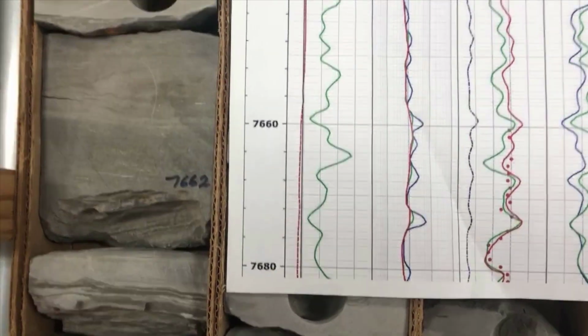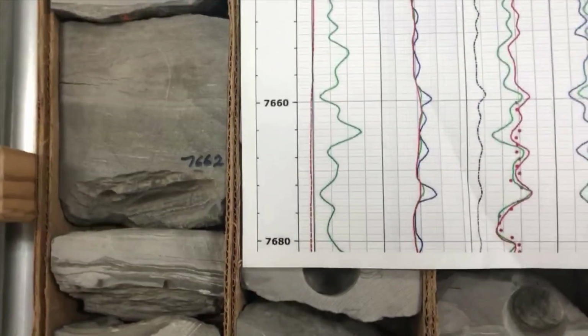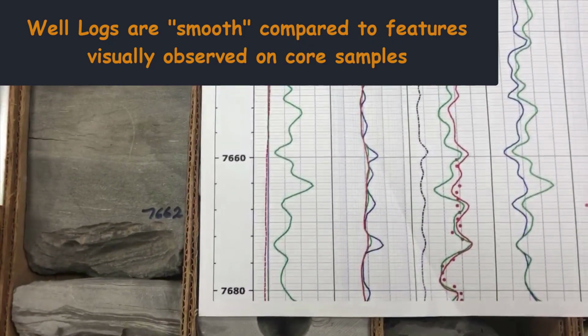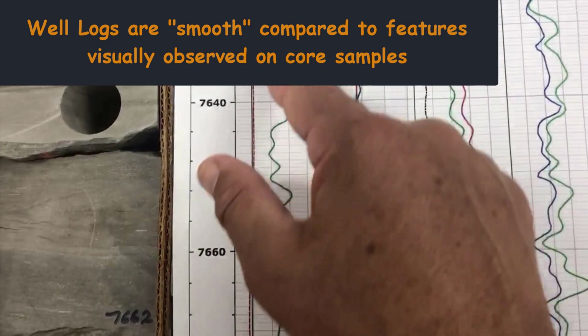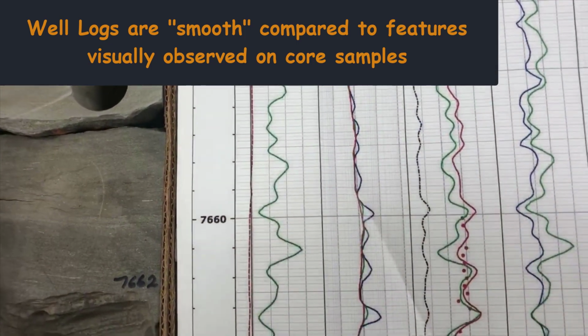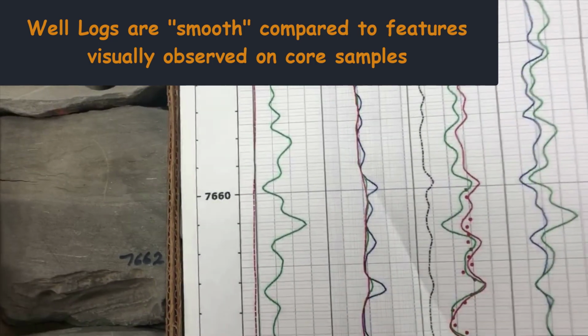Please note that the degree of variability that we observe on the core is much higher than the degree of variability that we see in logs. In logs we can assess variability from the gamma ray log, and that gives us an indication of the energy of the environment.